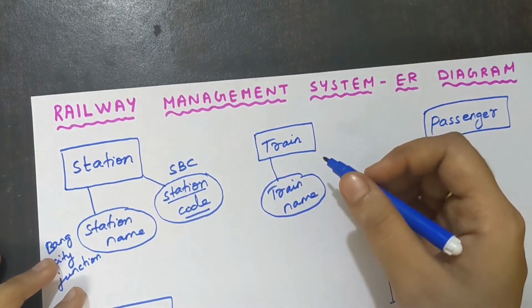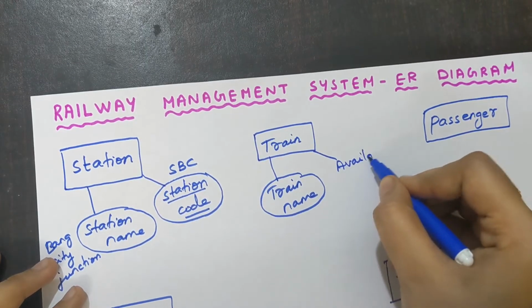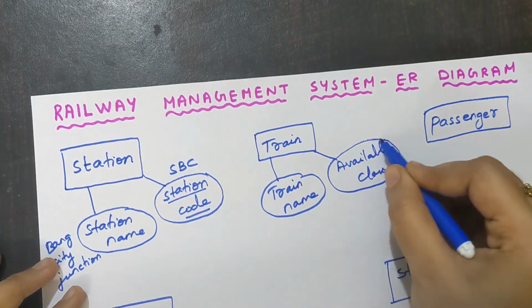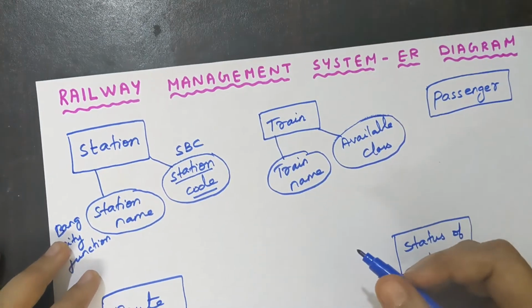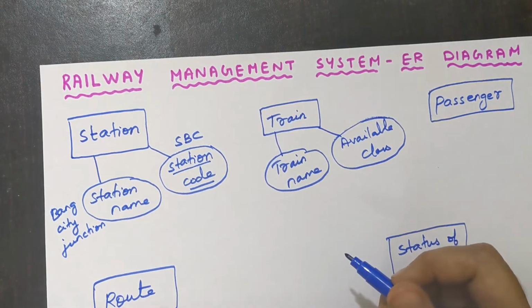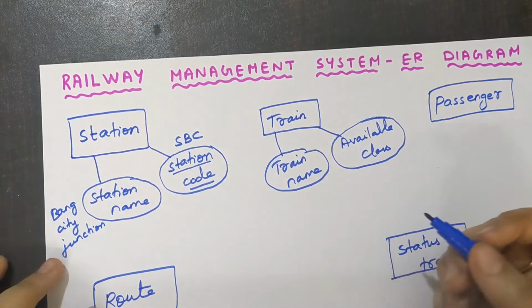Next, available class. What do you mean by available class? There are unreserved class, sleeper class, AC class, first class AC. So like this, there are many classes for a train.